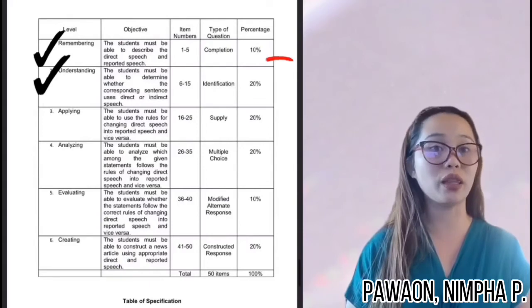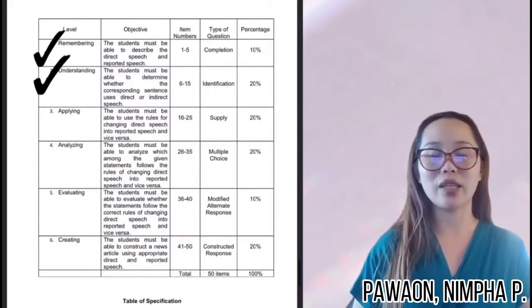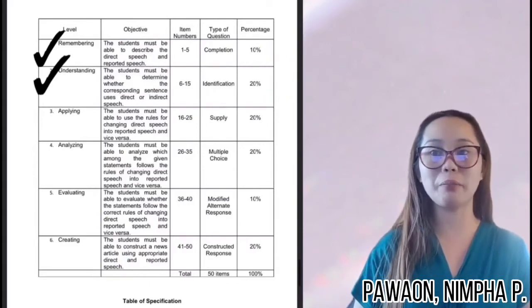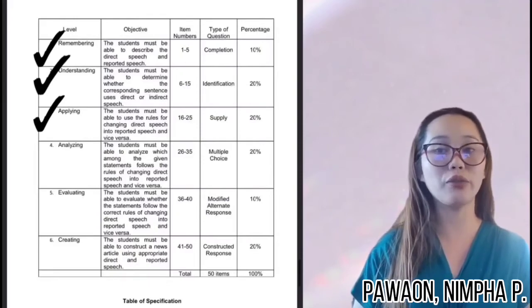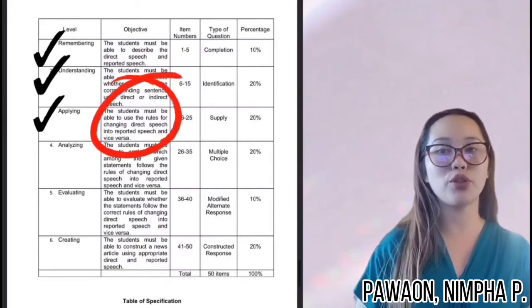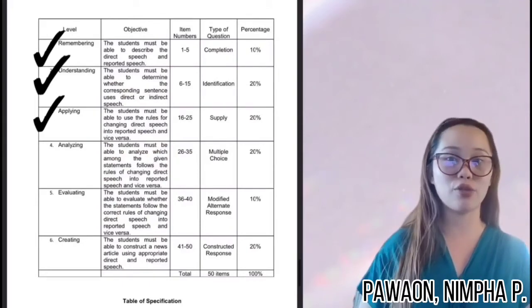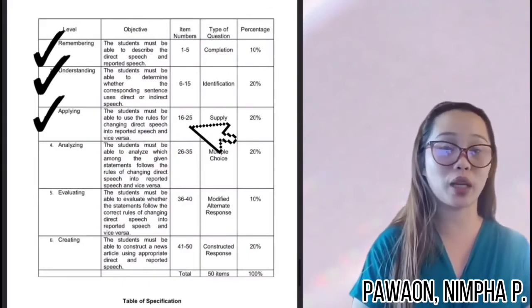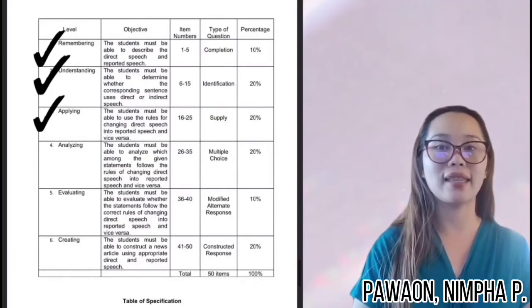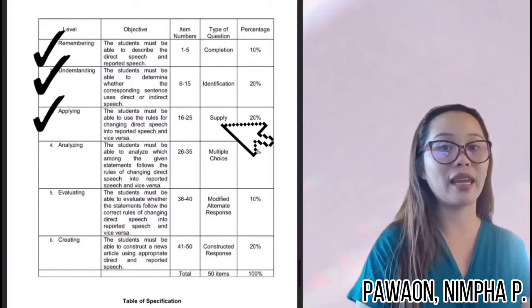It is 20%. The third level is applying. The objective here is that the students must be able to use the rules of changing direct speech into reported speech and vice versa. It is items 16 to 25, and the type of question is supply.